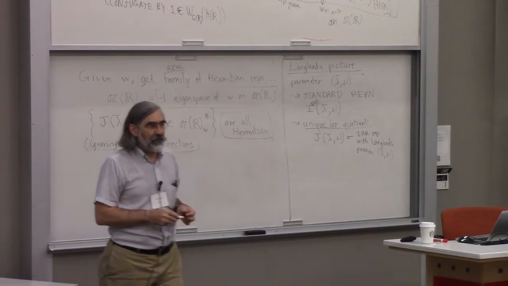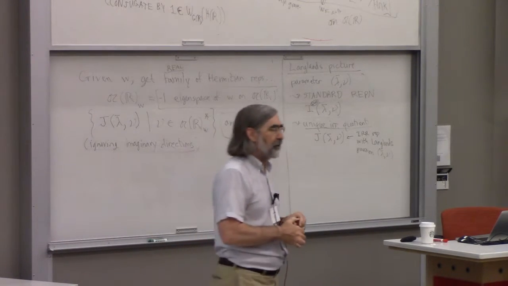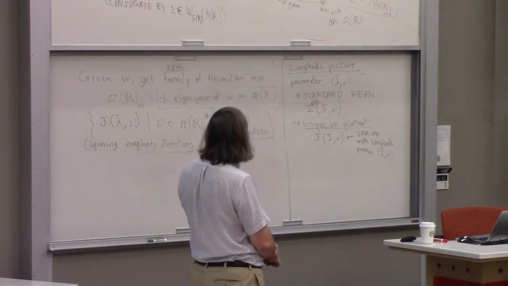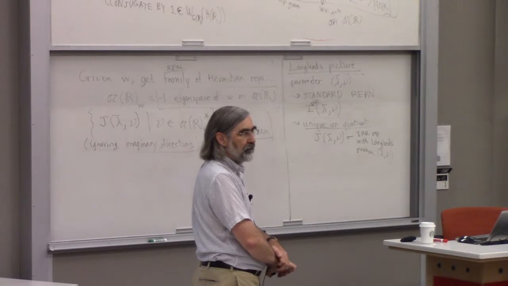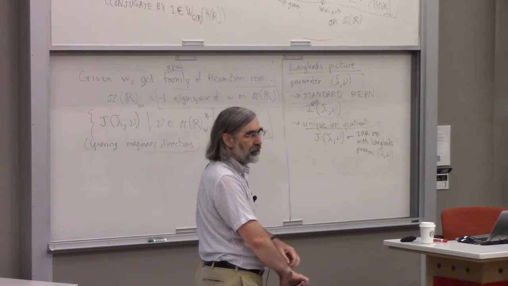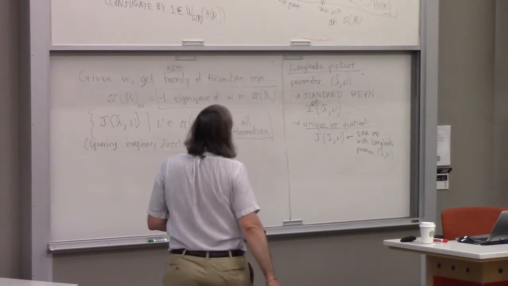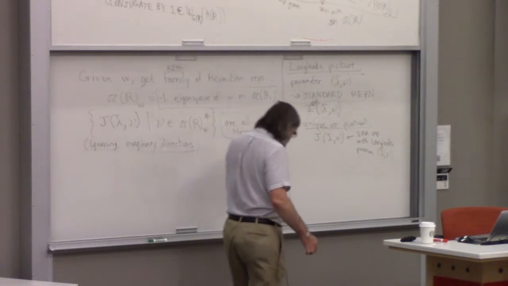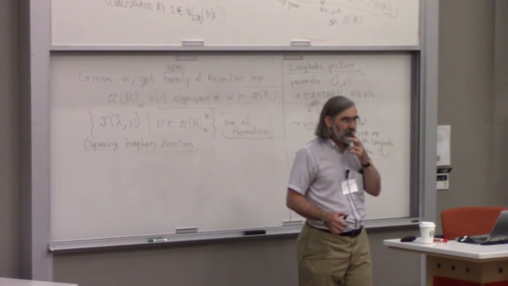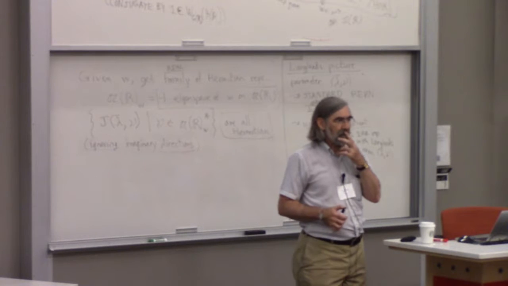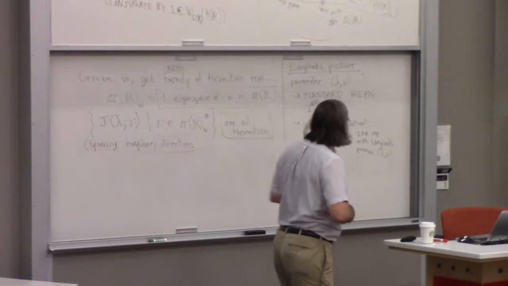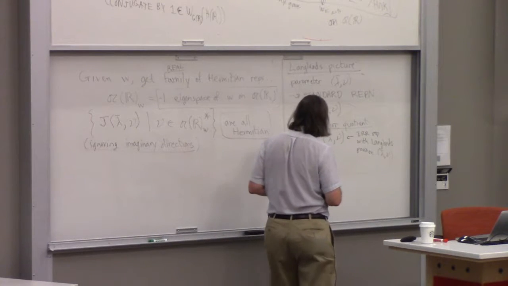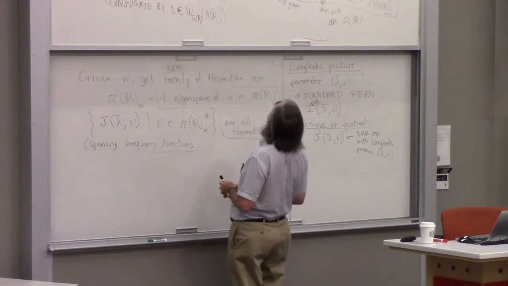Sorry, here W is actually in H star. So, I mean, where do the acts on the zero of base are embedded?